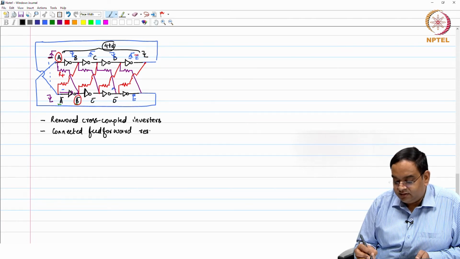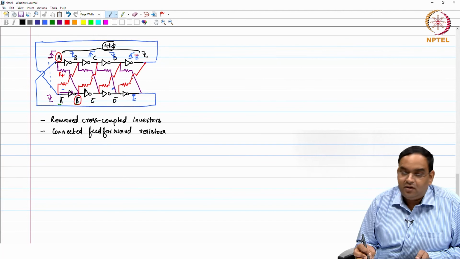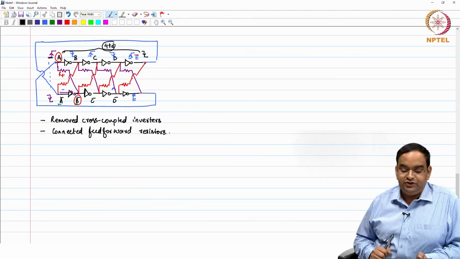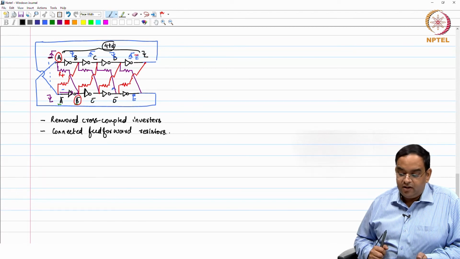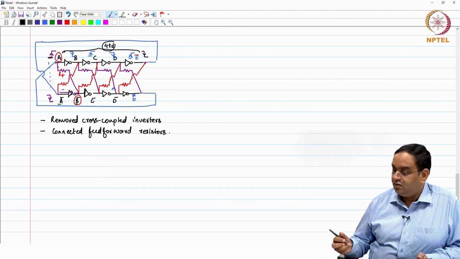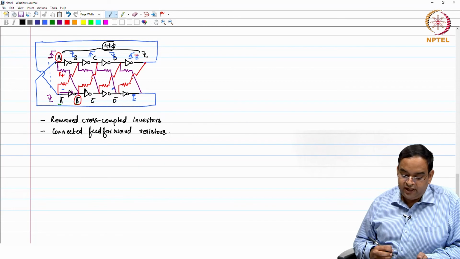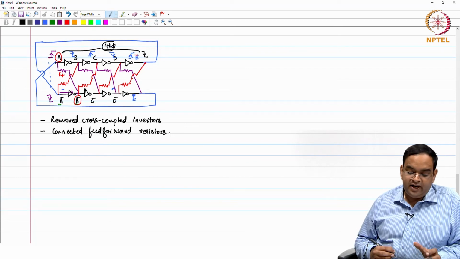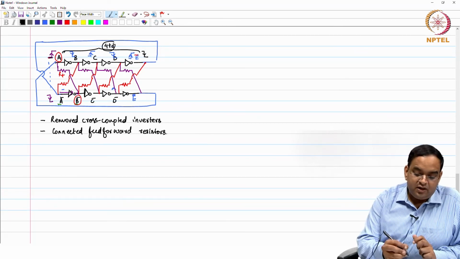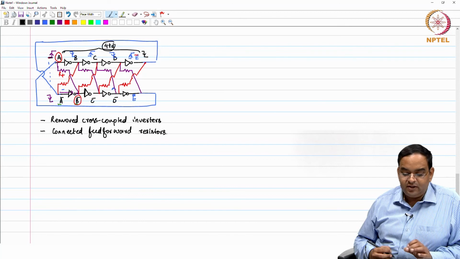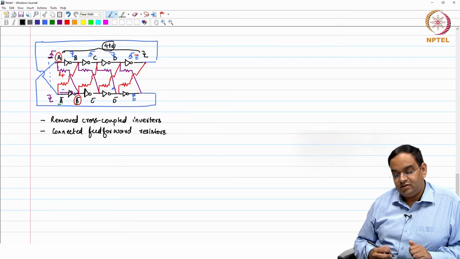The resistors themselves do not draw any power directly from the supply, right. And what you can also say is that your power consumption reduced by using these resistors here, and you can still maintain the phase relationship. So, here the power consumption is not a problem because they are not drawing any current from the supply.